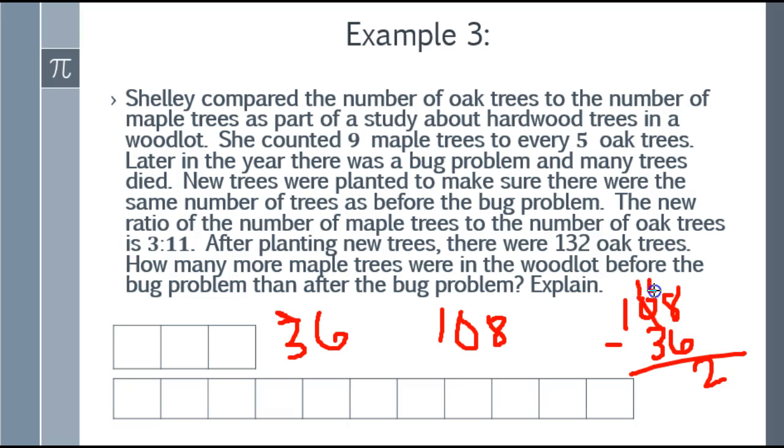I can't take 3 from 0, so I have to borrow. 10 minus 3 gives me 7. So there were 72 more maple trees in the woodlot before the bug problem than after. Sorry for so much confusion.